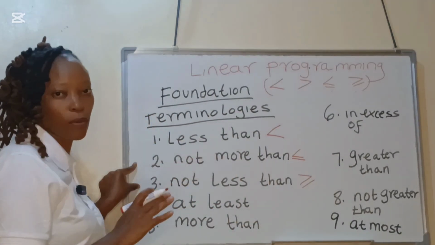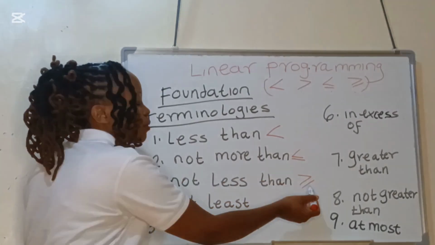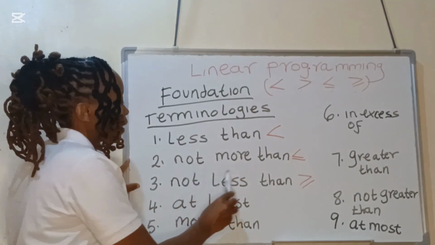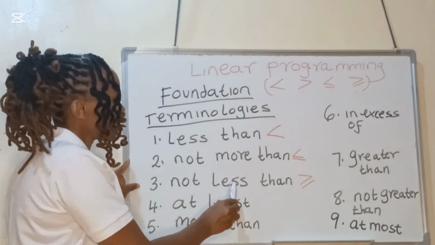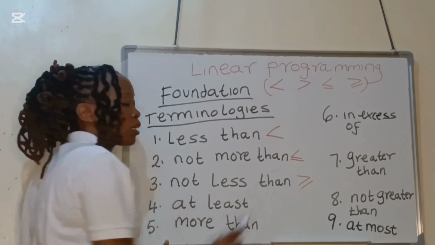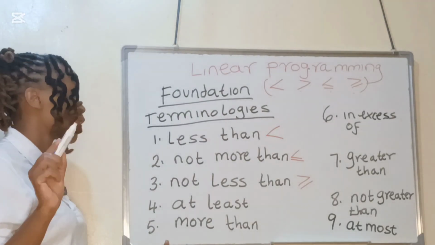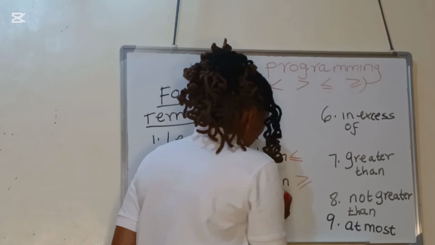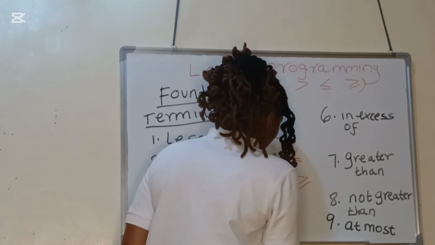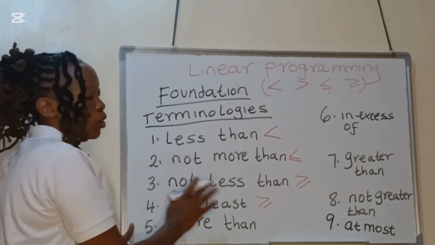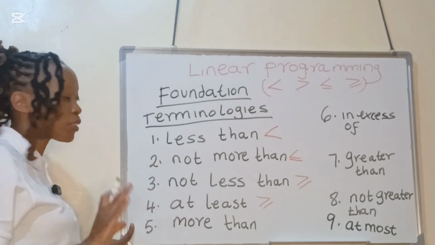You can see the symbol. I'm giving the symbol that you are supposed to use. If you see the terminology not less than in linear programming, you are going to use greater than or equal to. At least, you are also going to use greater than or equal to. So don't get confused.